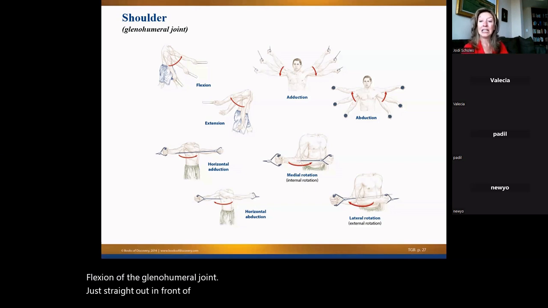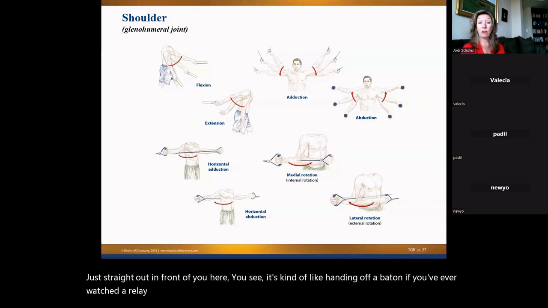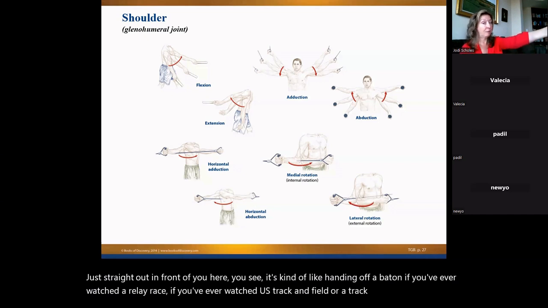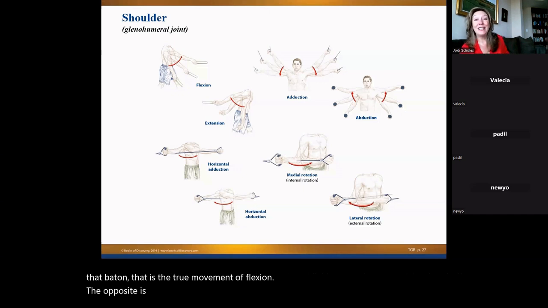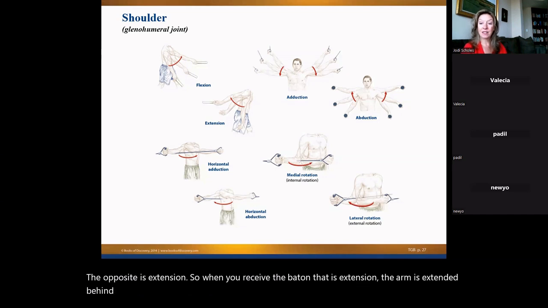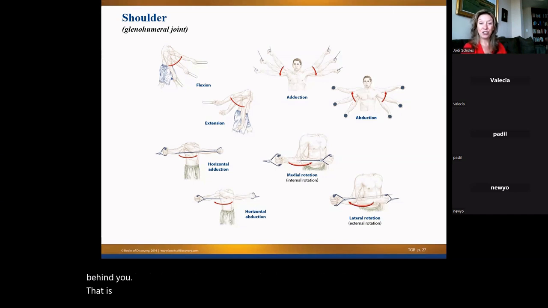Here you see it's kind of like handing off a baton. If you've ever watched a relay race, or a track meet, and they hand off that baton, that is the true movement of flexion. The opposite is extension. So when you receive the baton, that is extension. The arm is extended behind you. That is the movement of extension at the glenohumeral joint.